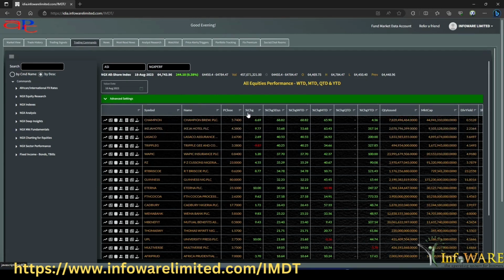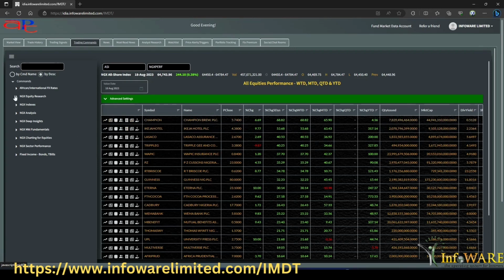What the NGX perf does is show you by default the exact percentage changes, gains or losses, as the case might be. As you can see, last trading day the percentage change for Champion, for example, was 6.69%. Then it also shows you your 5-day price change, the week to date, the month to date, and then the year to date. Again, you can see the charts.